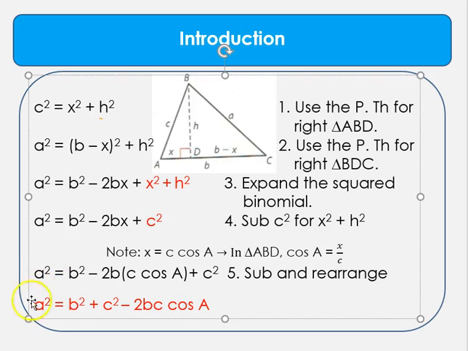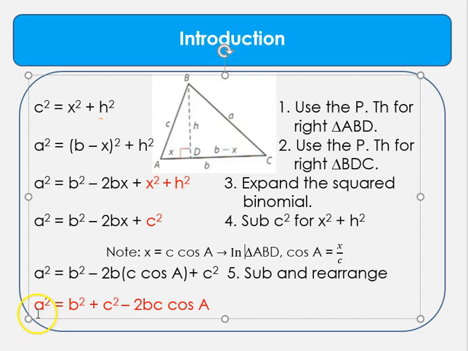So we take step number 4 where we substitute the c squared for x squared plus h squared, and we now have b squared minus 2b, and instead of x we have c cosine A, plus c squared. We substitute the c cosine A and we rearrange.